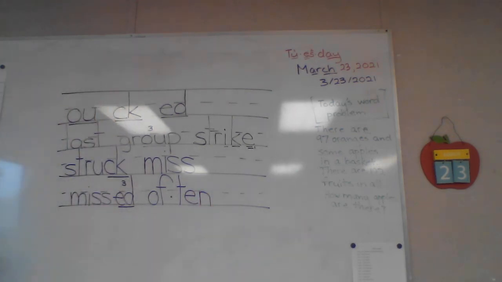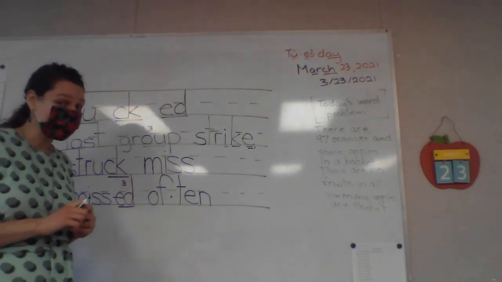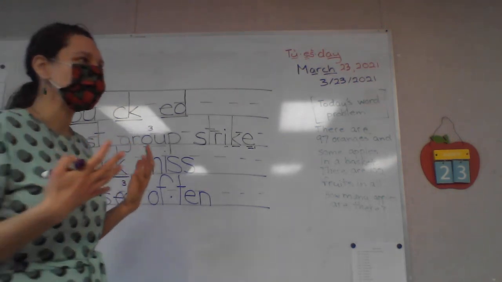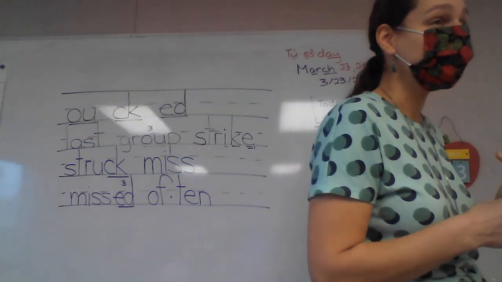All right, make sure yours looks like this. All right, if you need to fix anything, say the sounds as you're fixing it. All right, I only heard one student who was fixing something saying the sounds.